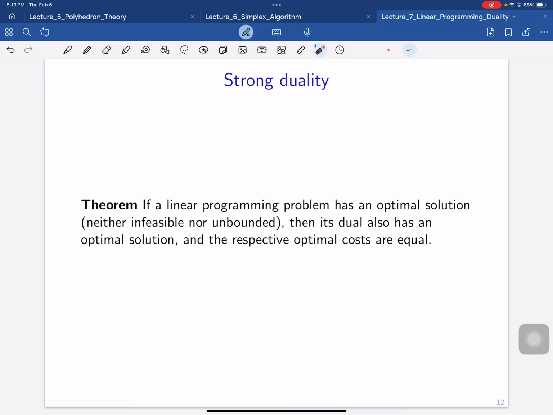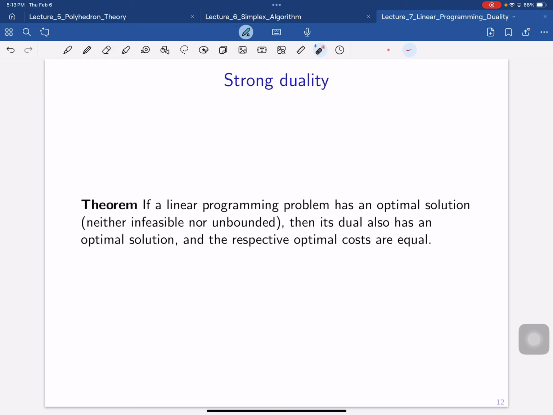As I said, there is a very deep connection between the reduced cost and the dual. You can show that when the reduced cost is greater than or equal to 0, it provides you a dual feasible solution to the dual of the LP. That's what we will show next.